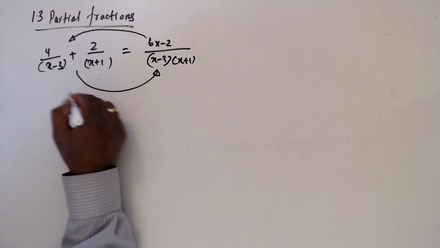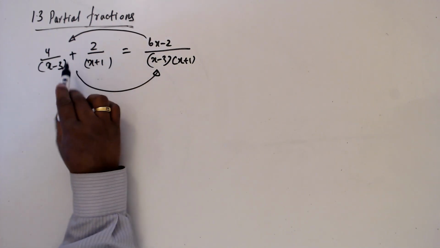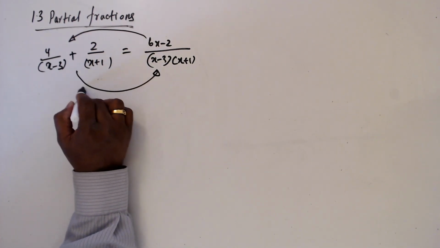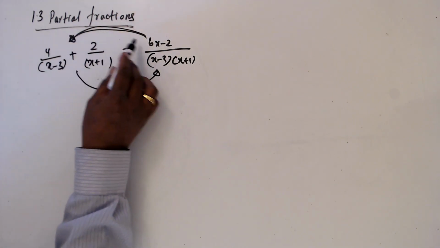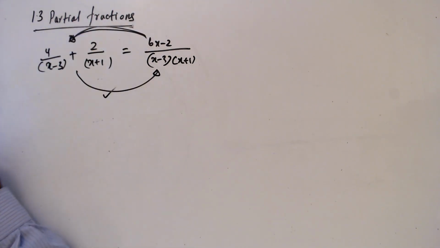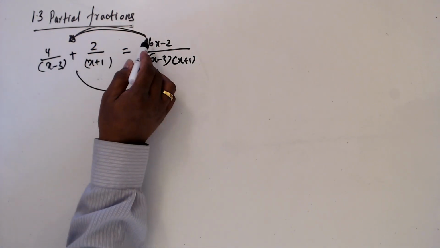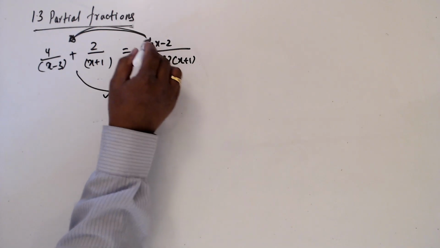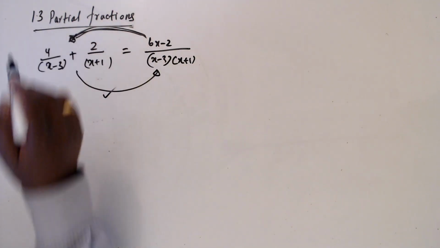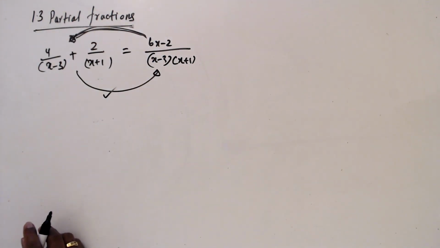Now we are going to discuss this process. We know this process, but we don't know the reverse process yet. So under this topic, we are breaking this algebraic fraction into smaller algebraic fractions.